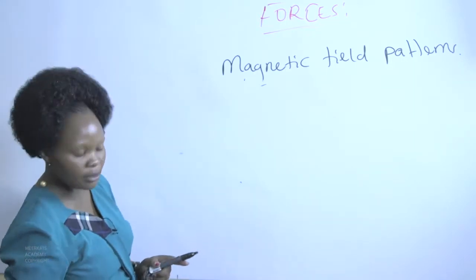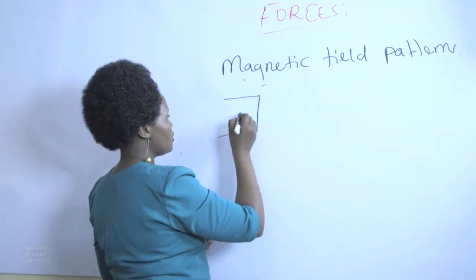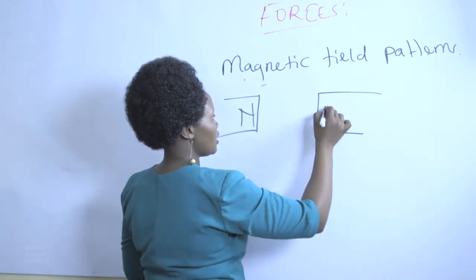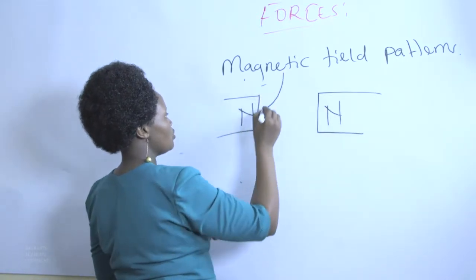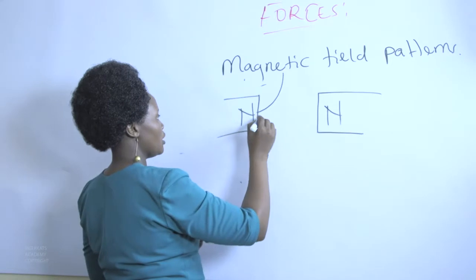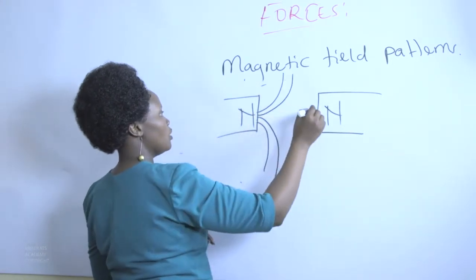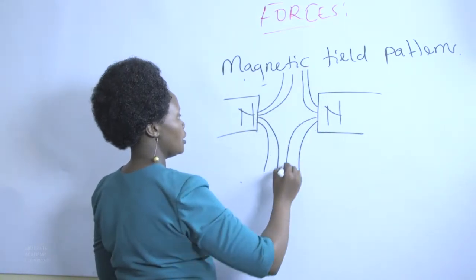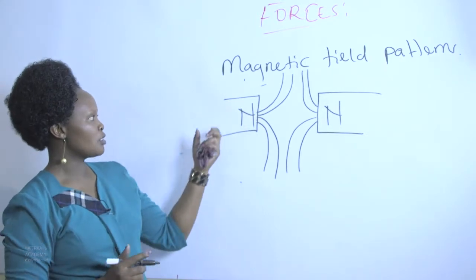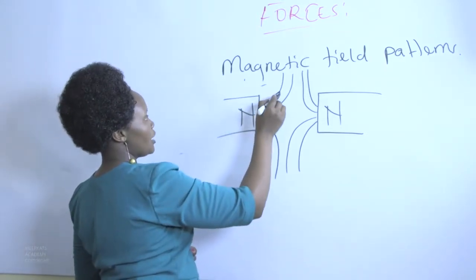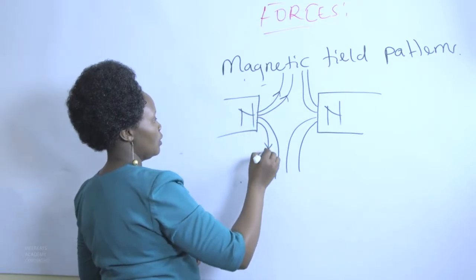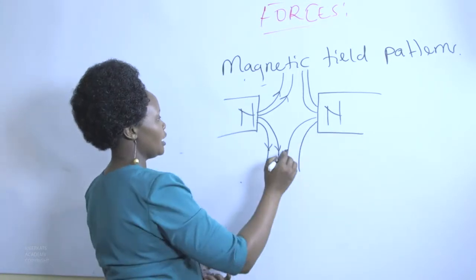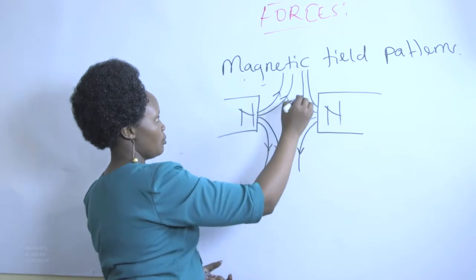So what will happen when we bring two poles that are like close together, that repulsion is going to be realized, so that now your lines will behave like this. Remember, we have a north, so they are originating from the north and seeking the south pole. Again, from the other magnet, they originate from the north and they seek the south pole.